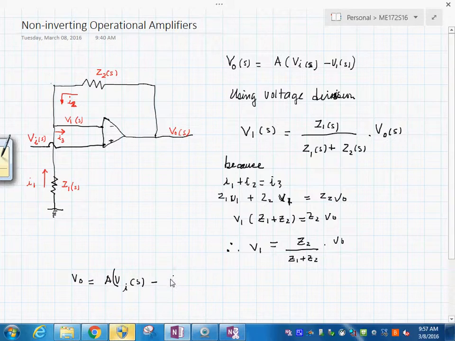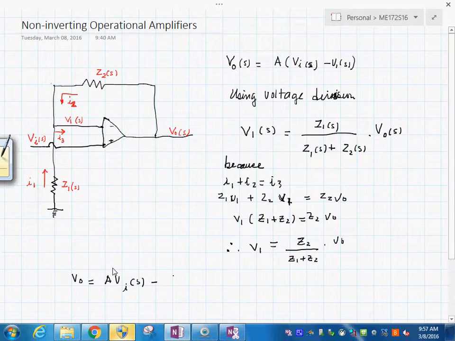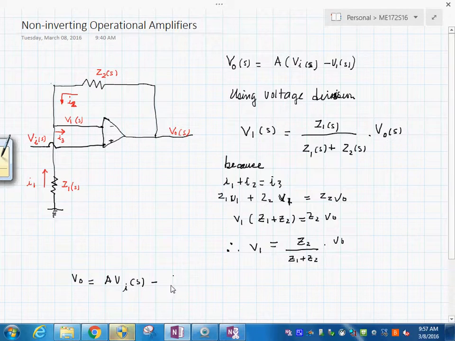Yeah, there you go. And then we have A times Z1 over Z1 plus Z sub 2, and all this multiplied by V output of S.